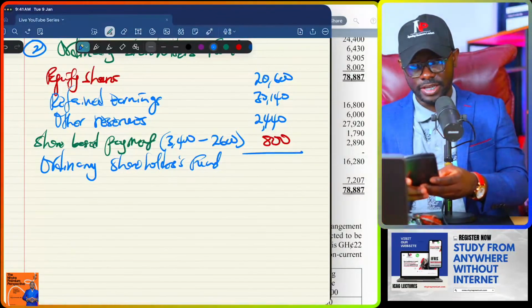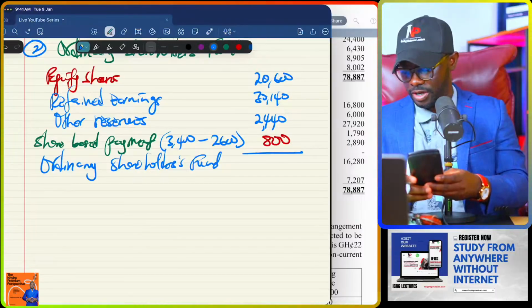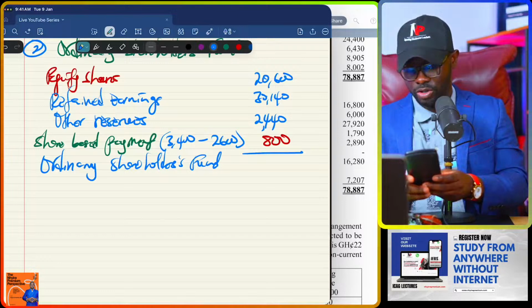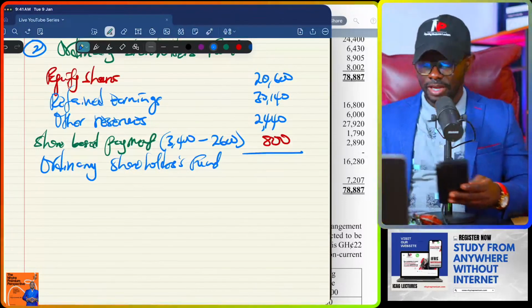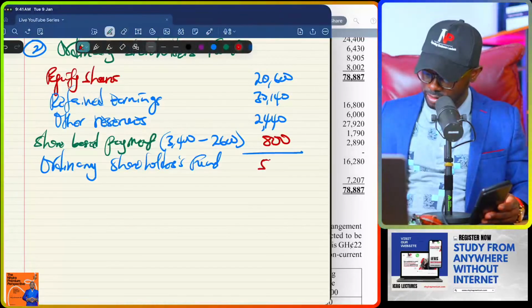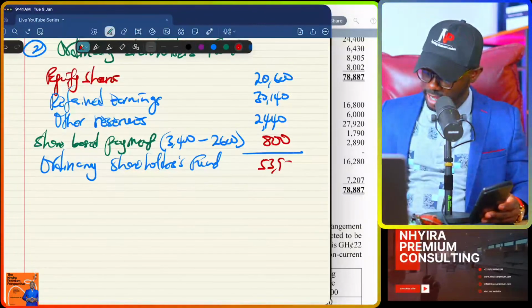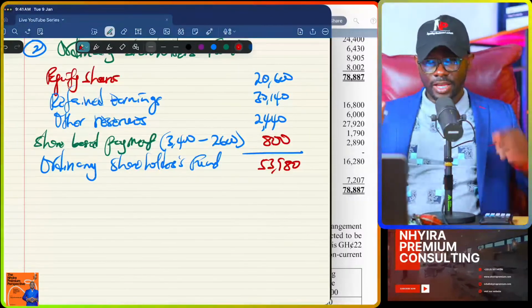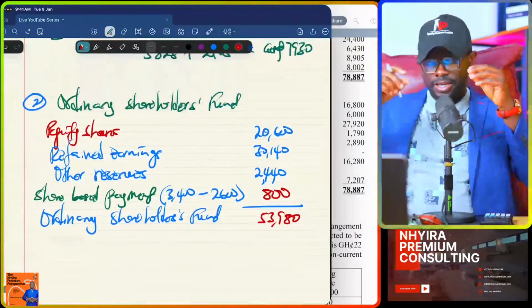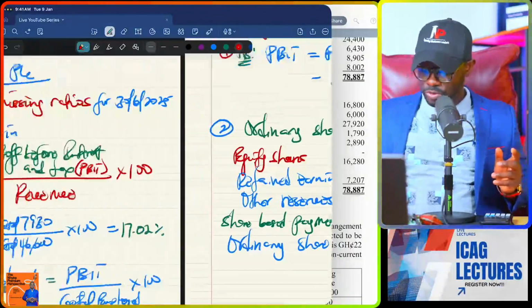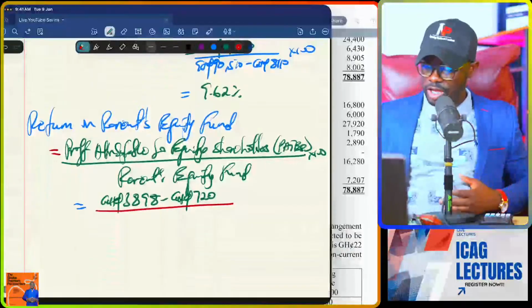I have the 800 plus 2440 plus 3140 plus 2600. And I'm getting 53,980. So that is the parent shareholders fund, which we have to use in our workflow.